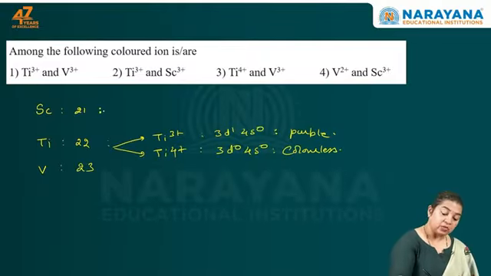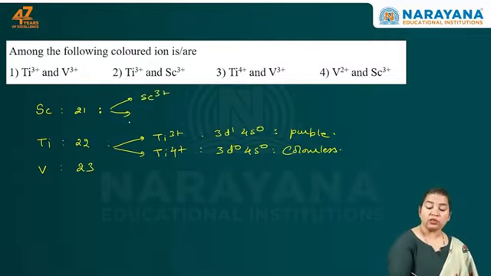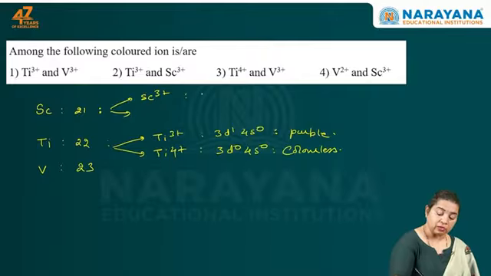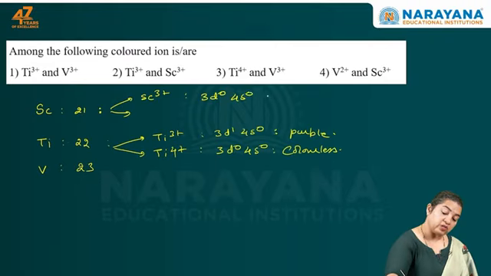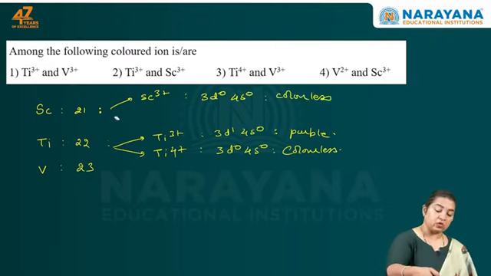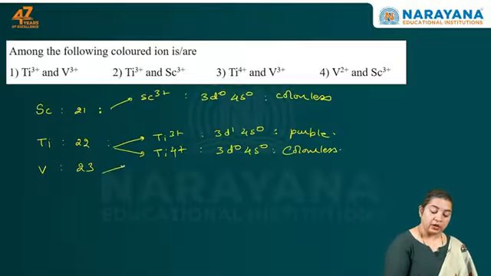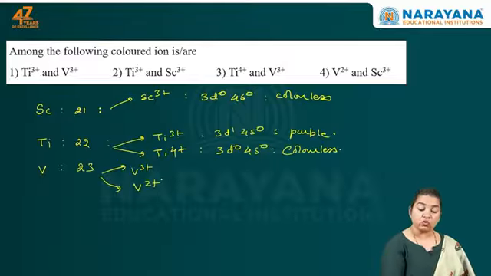Scandium is 3d1 4s2, but scandium 3 plus is asked. There is no other scandium. So, scandium 3 plus is going to be 3d0 4s0 and is finally a colorless ion. There is no other. So, let us leave on that. Vanadium 3 plus is in the question, vanadium 2 plus is in the question.